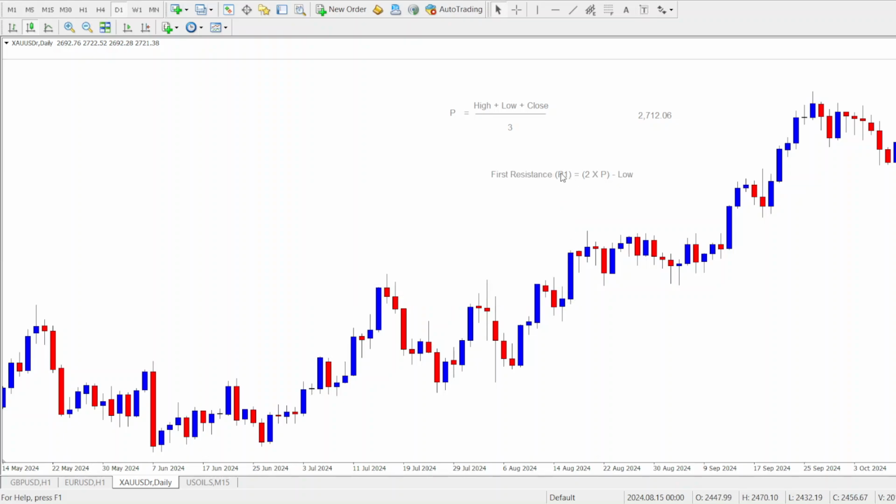Remember that P indicates our pivot point, so we're going to use the figure we just calculated for our pivot point.